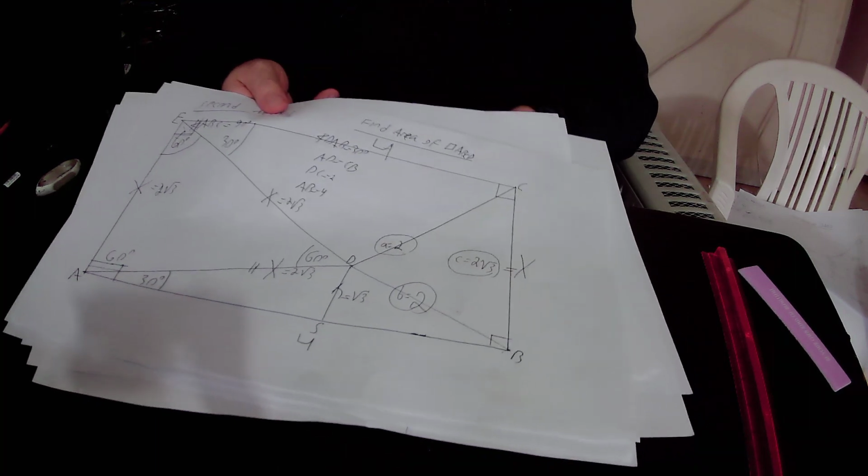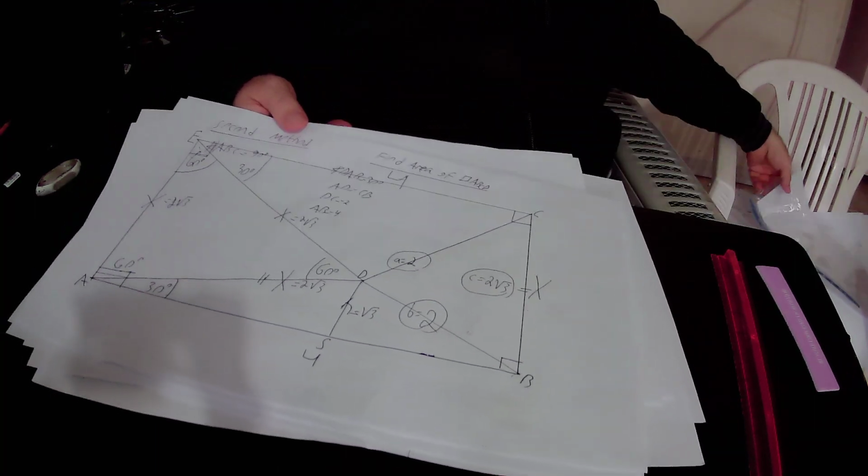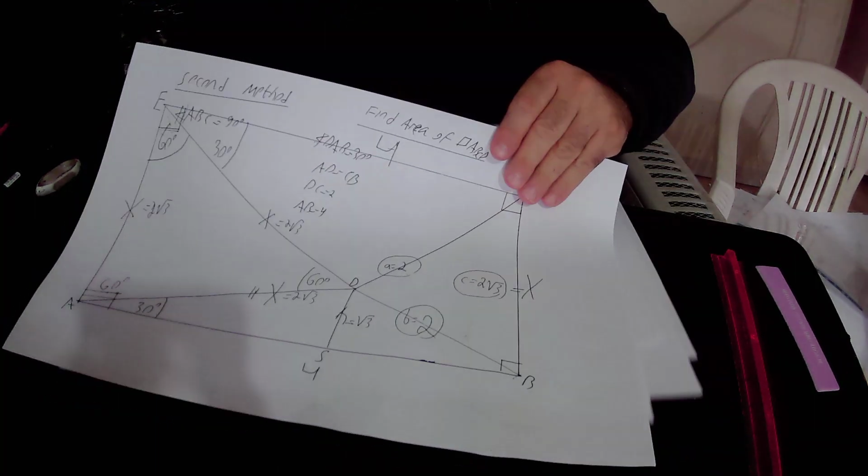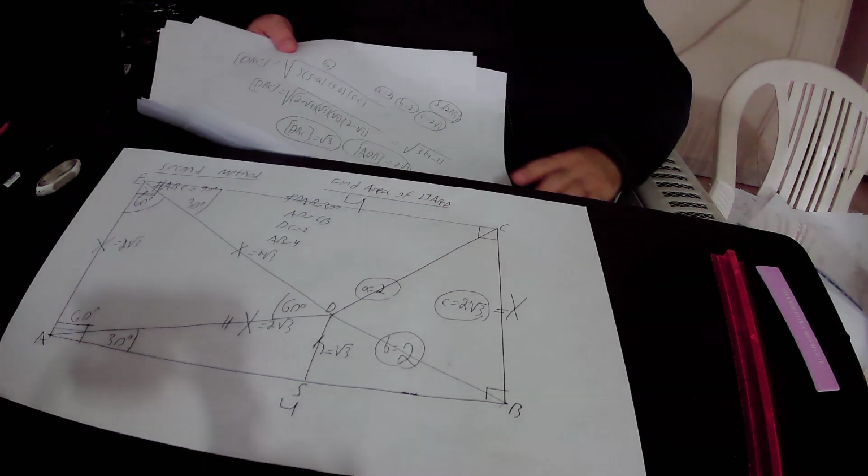Then I presented to you how to find the area of quadrilateral ABCD according to the second method. In the second method, we did another construction.